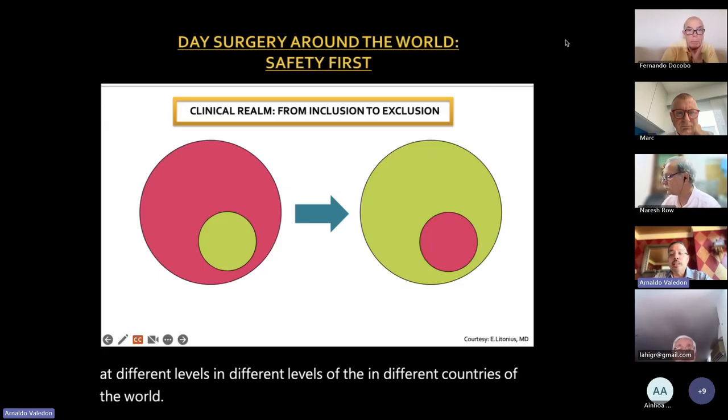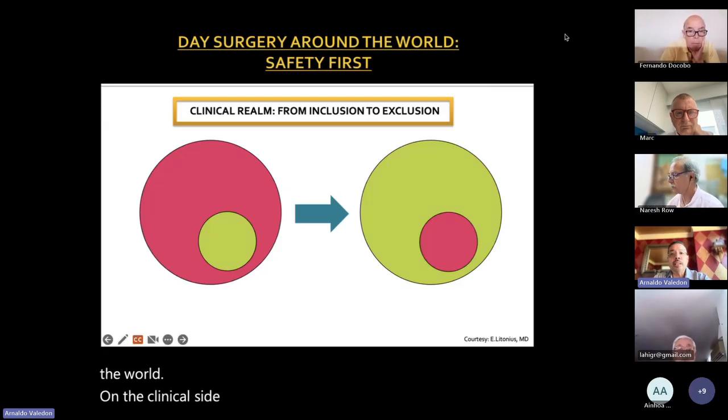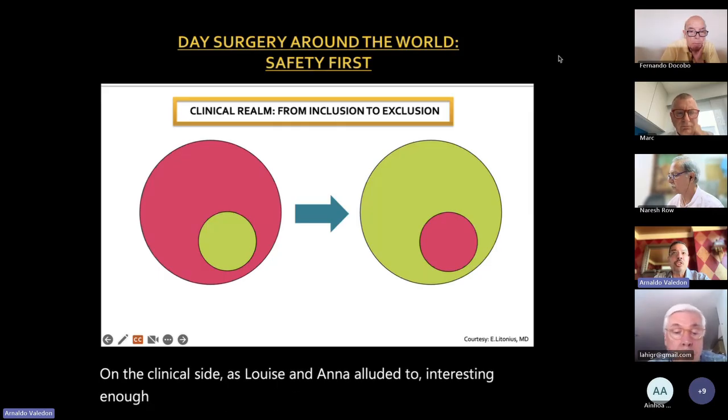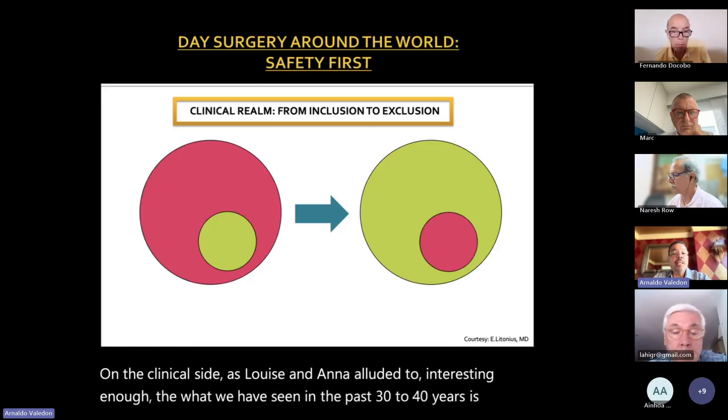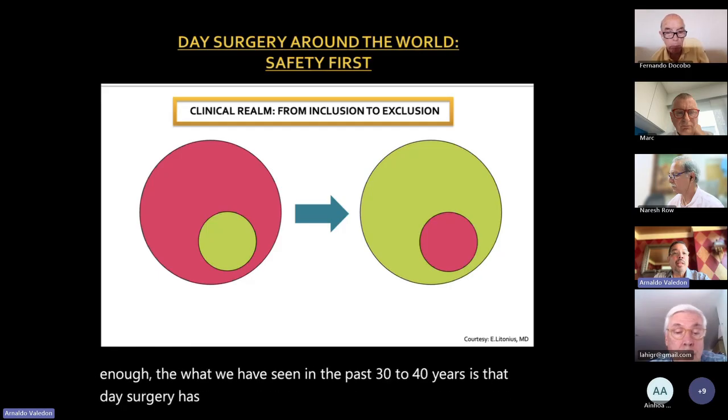On the clinical side, as Luis and Anna alluded to, interesting enough, what we have seen in the past 30 to 40 years is that day surgery has become more of an exclusion type system.